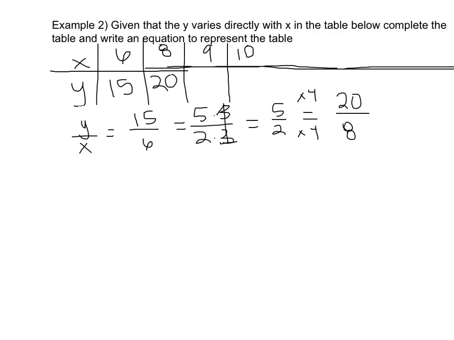So in order to figure this out, I'm going to use cross multiplication, or the cross products. So again, I'm looking for 5 halves as some number over 9. I'm going to just use n to represent that number. Now here I'm going to use my cross products, meaning I'm going to multiply diagonally and set that equal to the opposite diagonal.